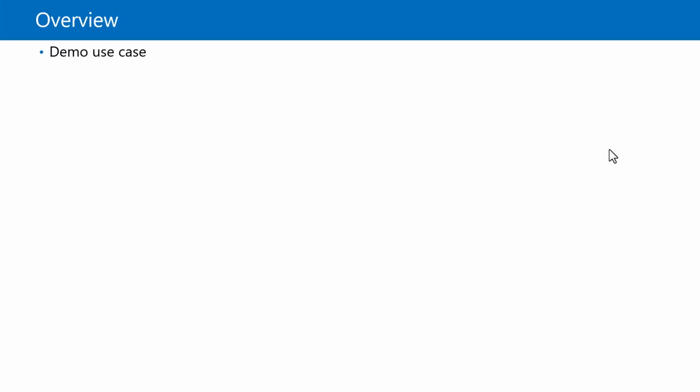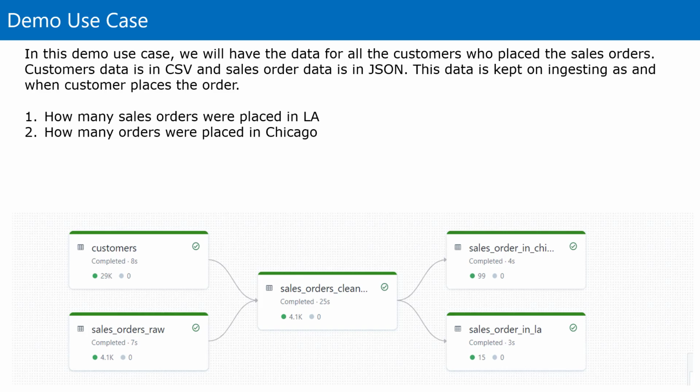In this video, we are going to showcase a demo for Delta Live Tables, and let's see what this demo contains. In this demo use case, we are going to have two different data sets, a customer data set and a sales order data set. The sales order data set is a JSON file and the customer data set is a CSV file.